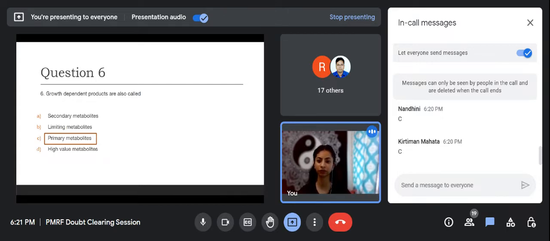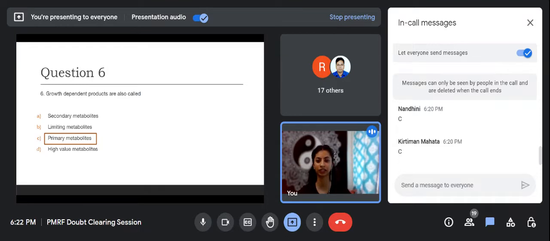Both of these could be our desired end product. So a lot of cancer drugs are actually secondary metabolites that the cell produces. Antibiotics are secondary metabolites. They are not needed for the cell to grow, but in case a bacteria or a fungus is attacked by some other organism, it will produce these antibiotics to fight it off, right? So they will be secondary metabolites.